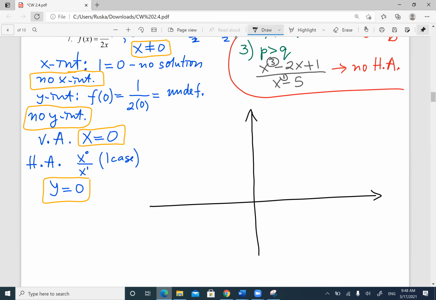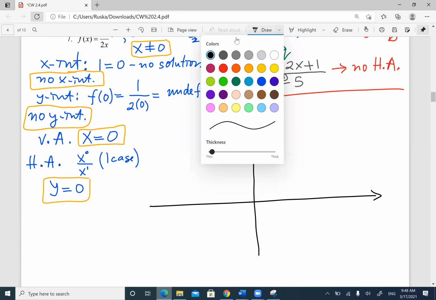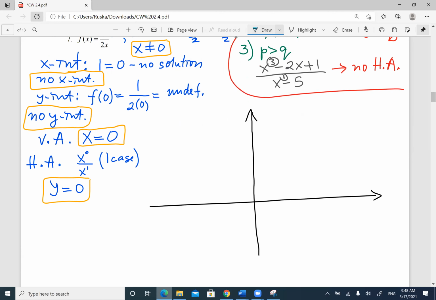So no x-intercept, so you don't have points on the x-axis, no points on the y-axis. What else do we have? We have the given vertical asymptote at 0, right? X is 0. So that means my vertical asymptote is going to be the y-axis because that's the line. I'm going to put it a little off the y-axis so it's obvious. So this is my vertical asymptote.